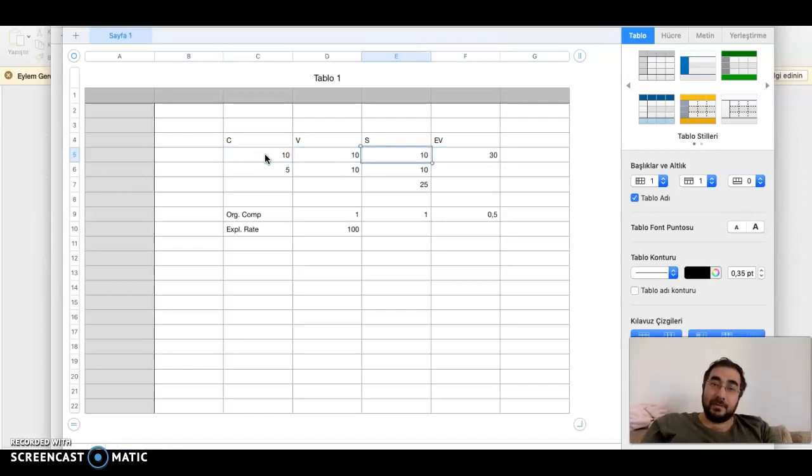What will happen when the variable capital falls? Assuming the exploitation rate is the same, when variable capital falls to 5, if surplus value also falls to 5, well, no, let's do it another way.